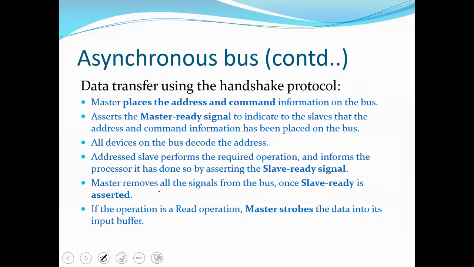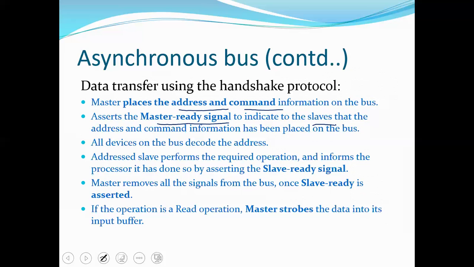Fine. So what happens in the data transfer? As usual, master places the address and command information on the bus and asserts the master ready signal, which indicates to the slave that the address and command information are placed in the bus.